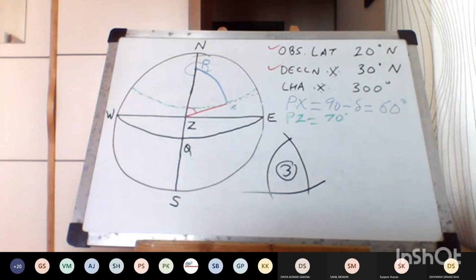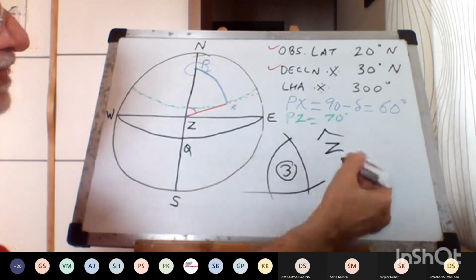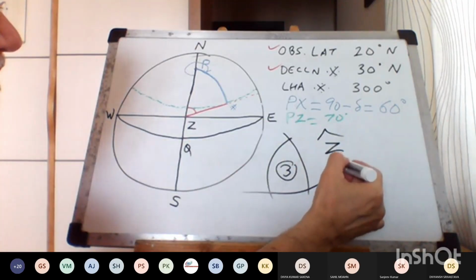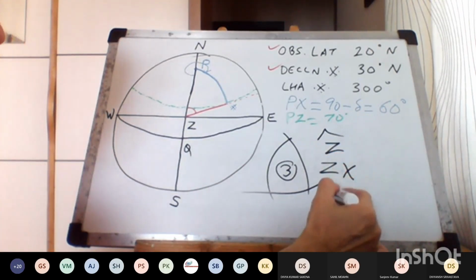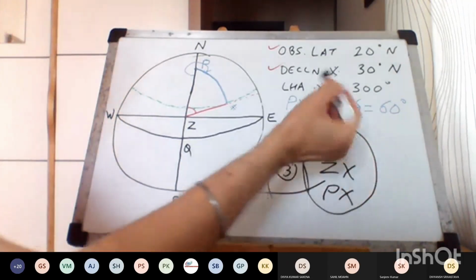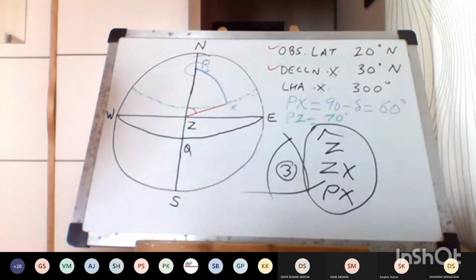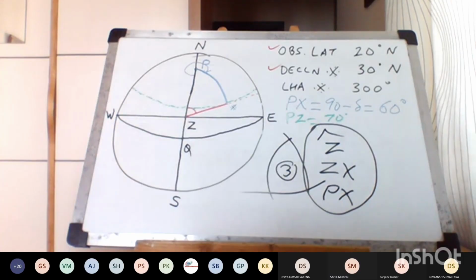So I have angle Z with me, I have side ZX with me, and I have side PX with me. If I have got these three things, I will be able to find the other two. What are the other two that I am interested in, gentlemen? What is my point of interest?